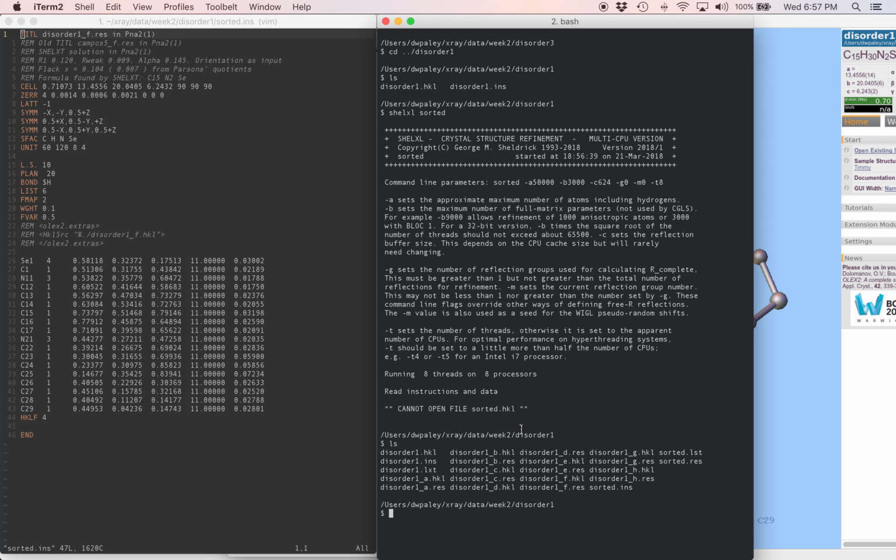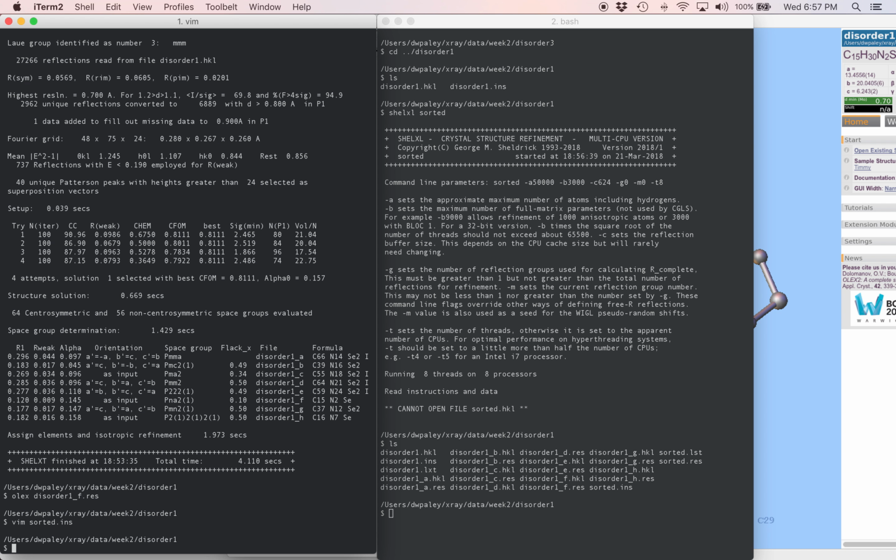I'm going to need my other terminal window back and get out of here for a second. Look at the orientation of these solutions. Some are as input, and that means that the A, B, and C axes are whatever the diffractometer originally decided they were. Some of them have their axes mixed up, and that's because these space groups have a conventional setting.